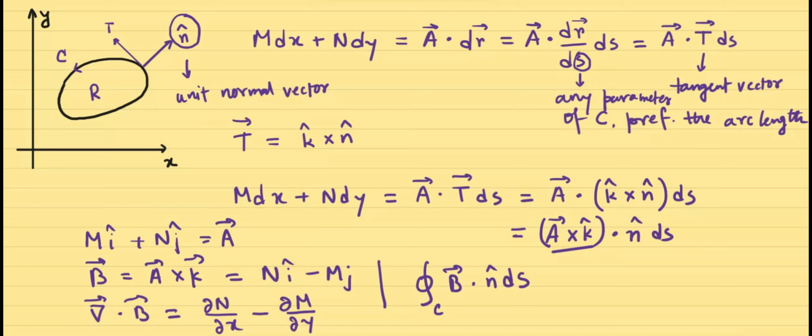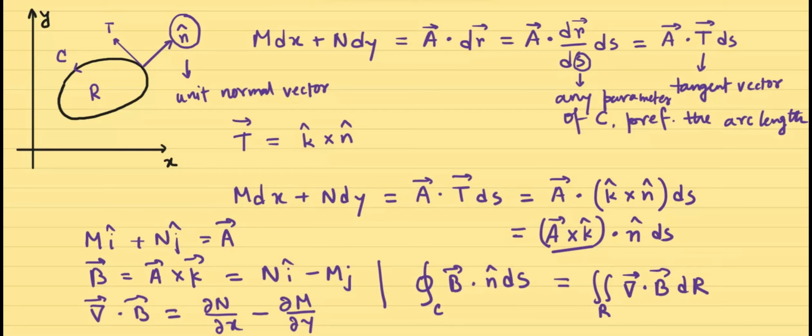Okay, so this has somehow been turned into a closed loop integral, and then it should be integrated over R, the divergence of B dR.